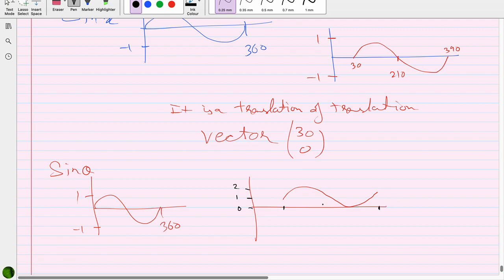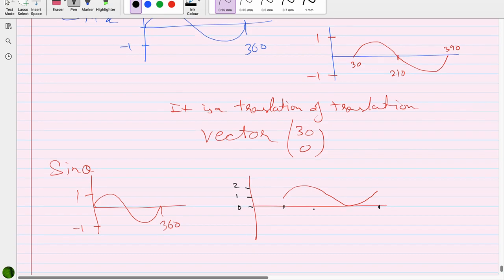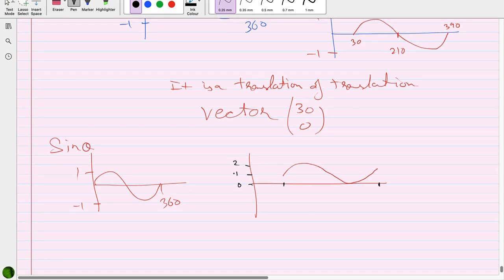Yes, whatever the angle will be, it is moving in horizontal and vertical direction both. So looking at the y-axis, can you guess what the value of vertical translation is? 1. This was at 0. Now this value is at 1.